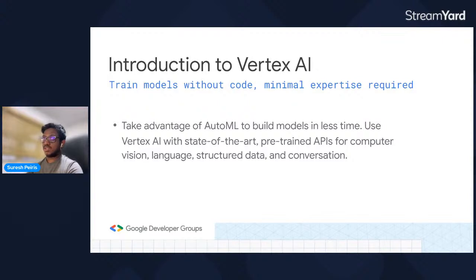It's part of the Vertex AI ML platform, and it helps you train models on GUIs, the graphical user interface, or you can use your own IDEs when you're developing the ML models. Let's talk more about that in the further slides. This is just a small introduction about what it does in a nutshell.